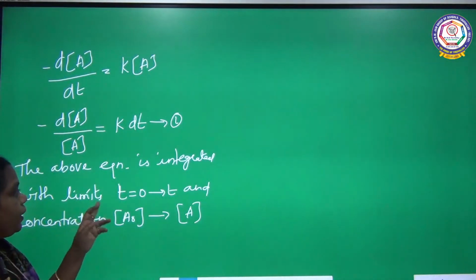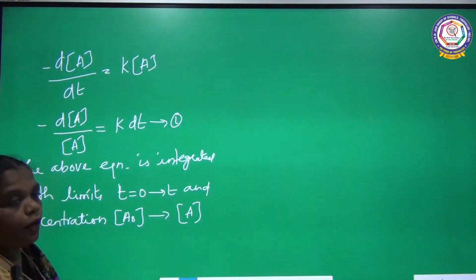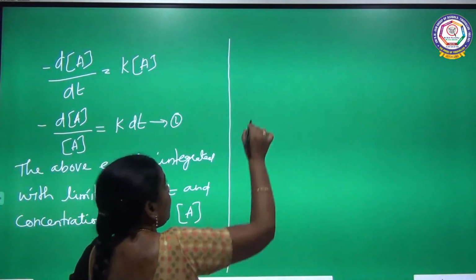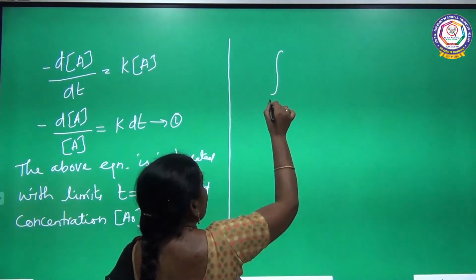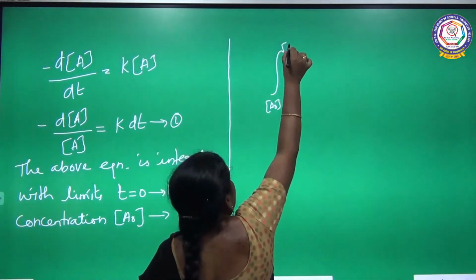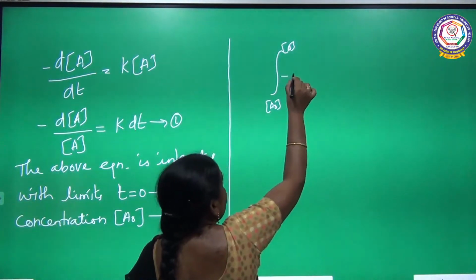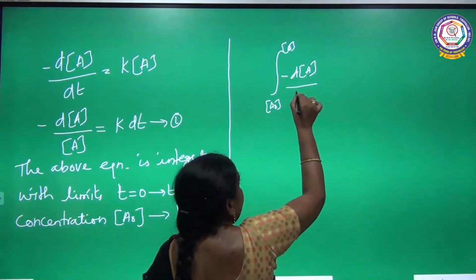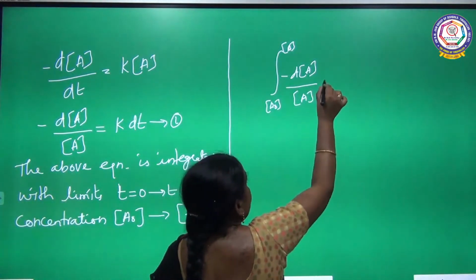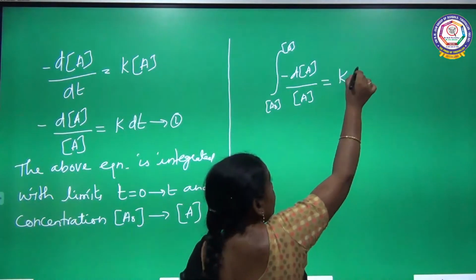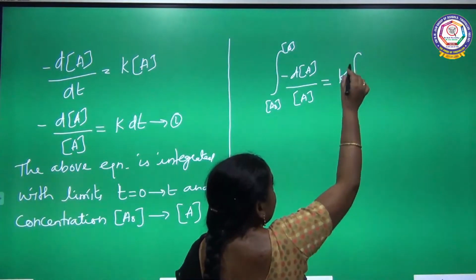Now we apply the limits to the above equation. Integration of minus d[A] by [A] from A0 to A equal to K, which is constant, so you bring it out of the integration.